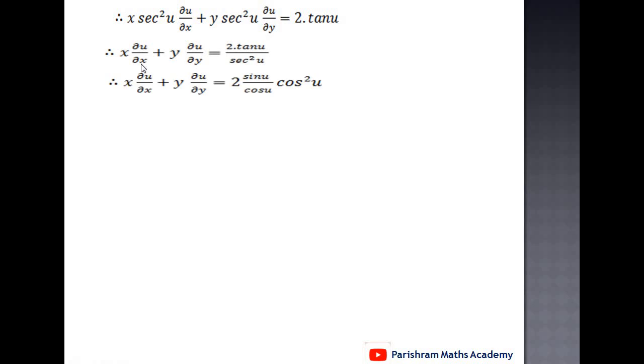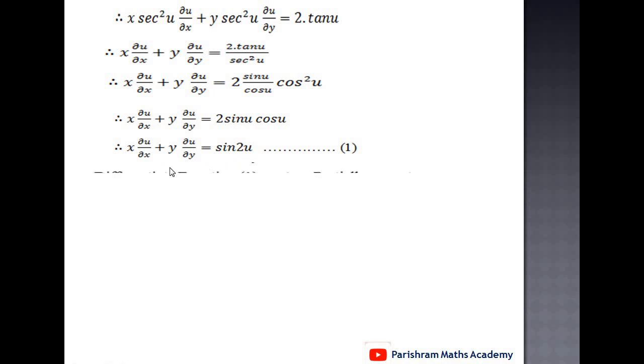Then by dividing by sec²u we get x ∂u/∂x + y ∂u/∂y equals 2 tan u / sec²u, equals 2 into, but tan u is the same as sin u / cos u, into 1/sec²u, which is the same as cos²u. Then one cos u cancels, equal to 2 sin u cos u. But 2 sin u cos u is nothing but sin 2u. This is the proof of the first part.